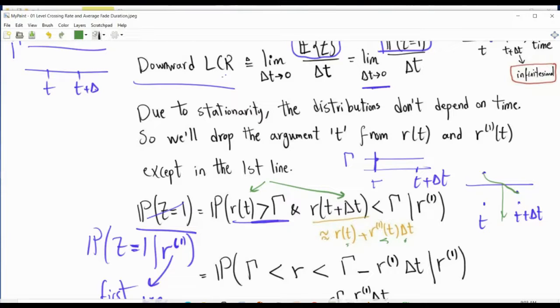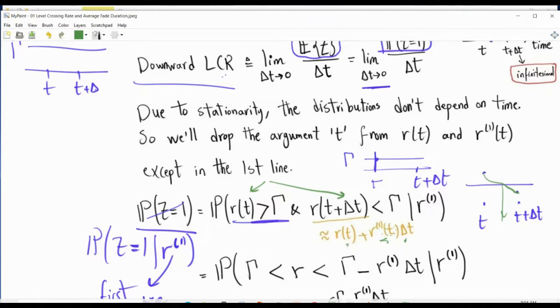To have equality here, you should evaluate the first derivative at a time instant between t and t plus delta t, but this will make things complicated. So again, here we will just go for an approximation and not an equality, assuming again that r of t is nice enough and delta t is really, really small.